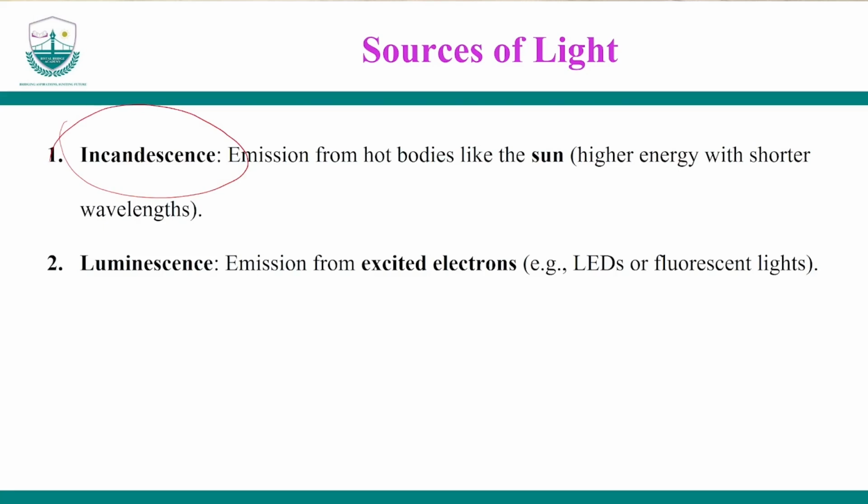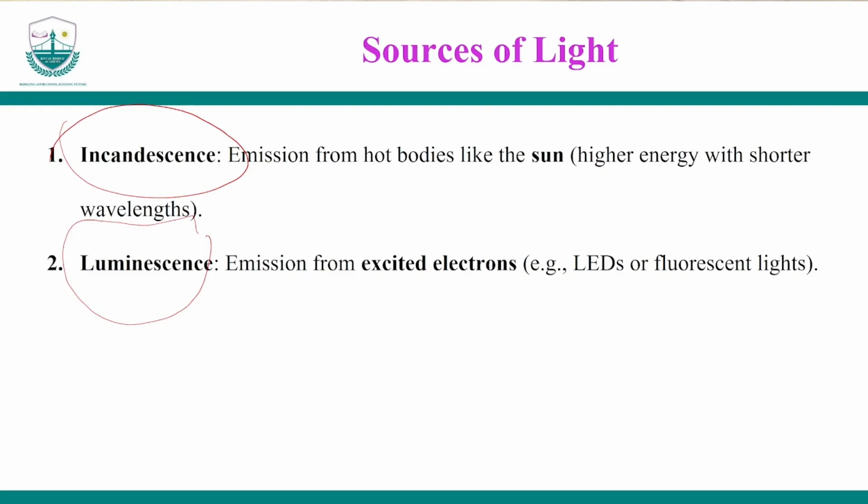incandescence, okay? And then luminescence is another term also related to light, that when you have electrons being excited, then you have light being emitted, okay? And this is what happens with most of the bulbs that we currently use in our homes. It's because of the excitement of electrons.